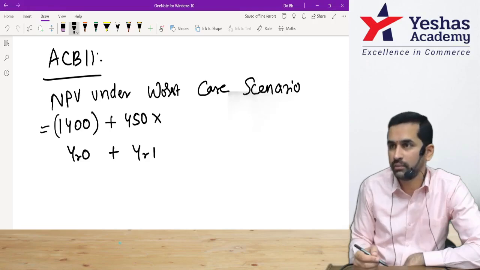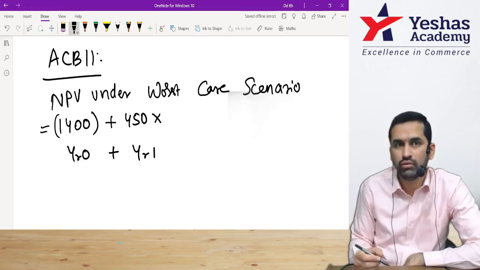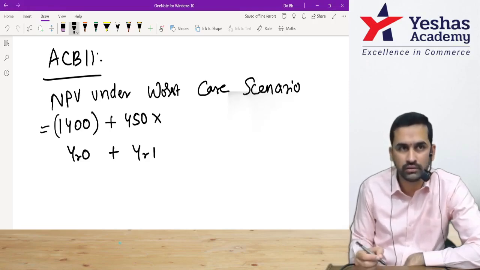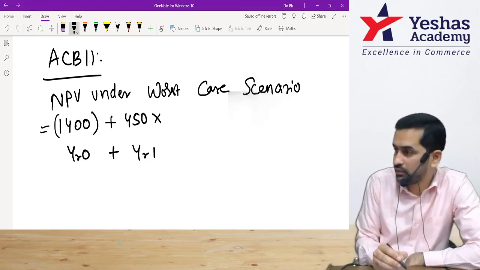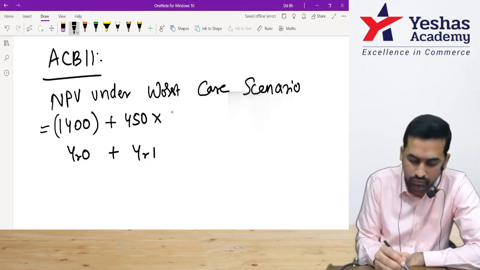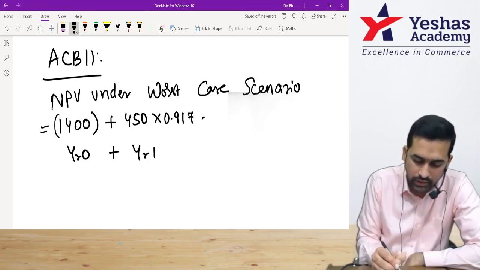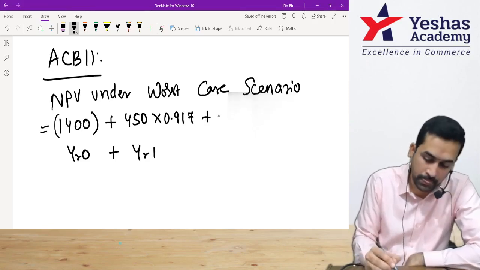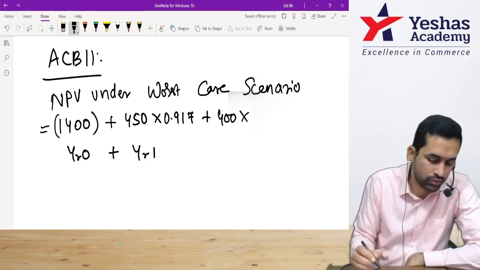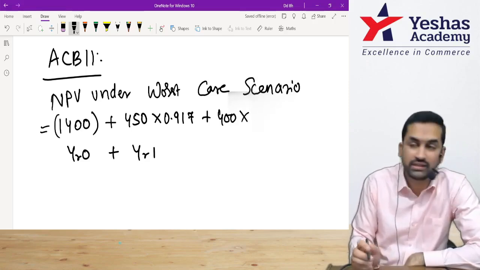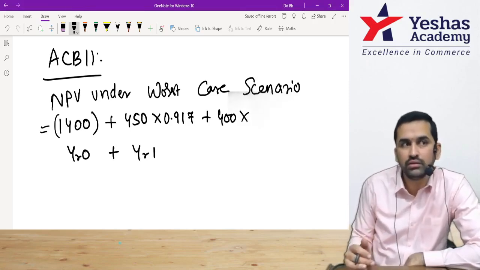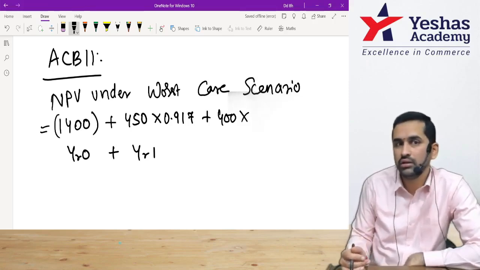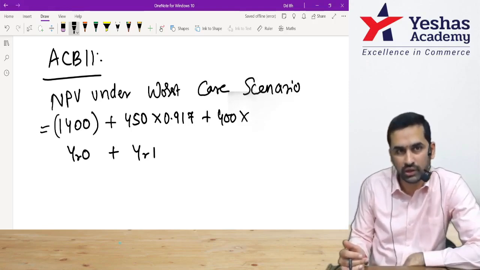So 1 divided by 1 plus R. What's the number? First year DF 917 plus year 2 also. I have to be in worst case line only because I'm assuming that these are fully positively correlated.